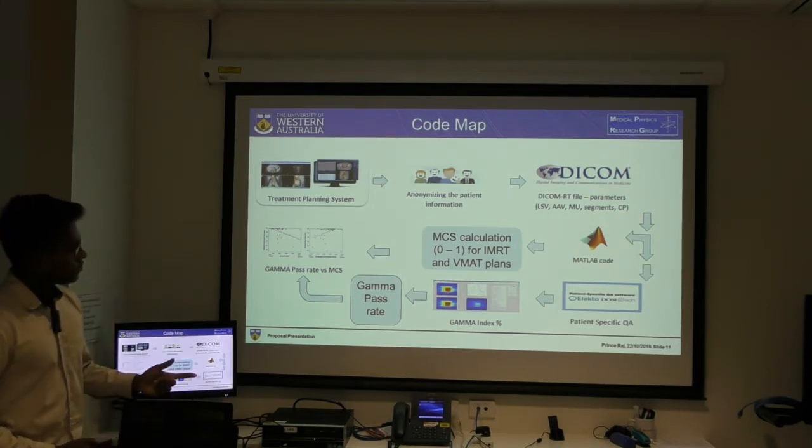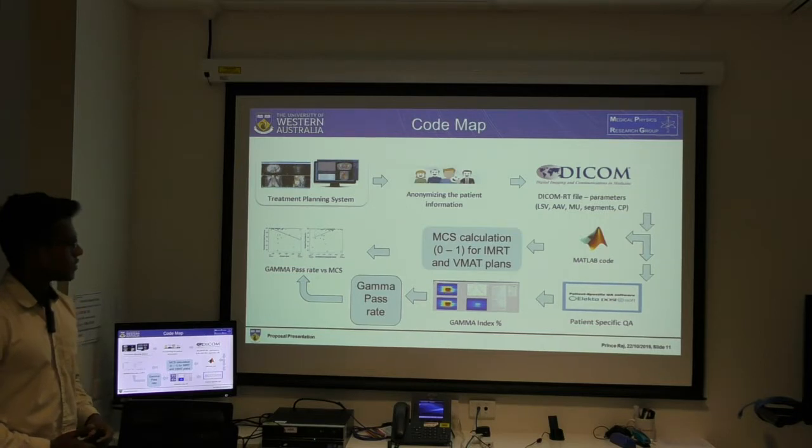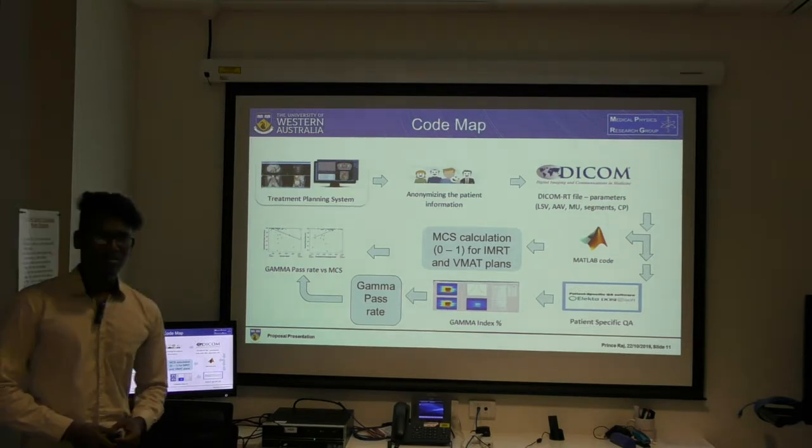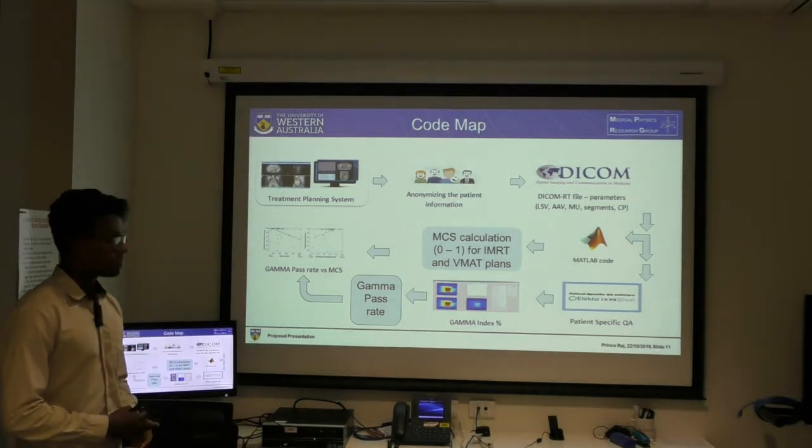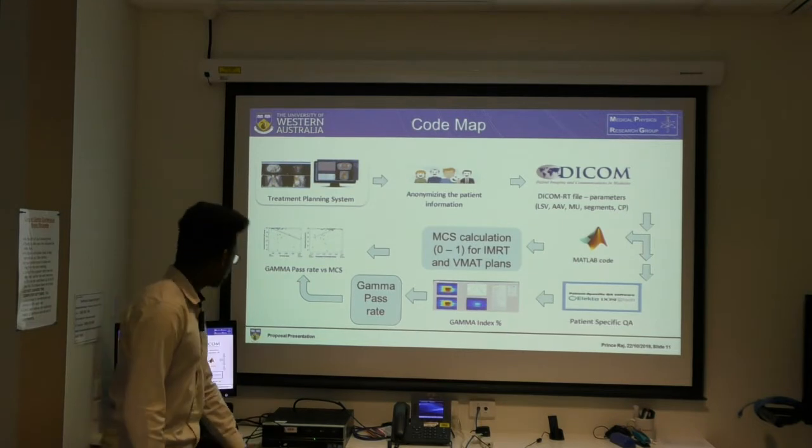For the second step, I have to calculate the gamma index percentage that will provide the gamma pass rate, and at last I would like to make a graph of gamma pass rate versus MCS, which other studies have done.